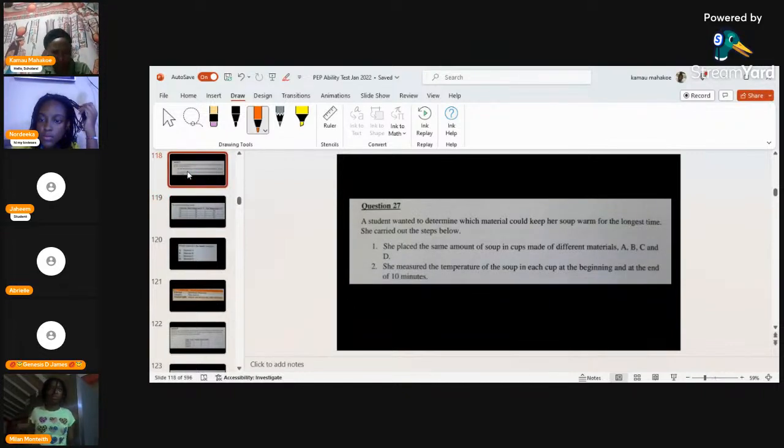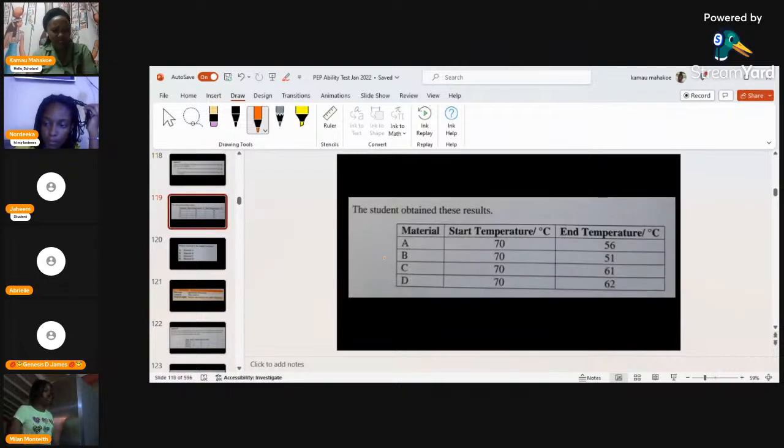After 10 minutes, she measured the temperature of the soup in each container. In container A, the temperature was 56 degrees. In B, it was 51 degrees. In C, it was 61 degrees. And in D, it was 62 degrees.